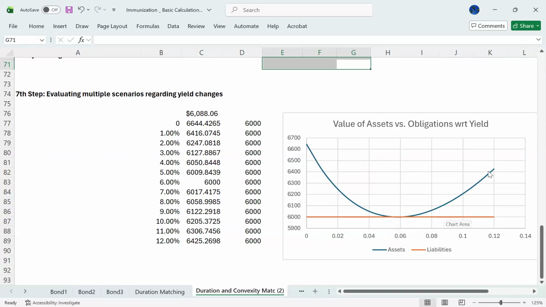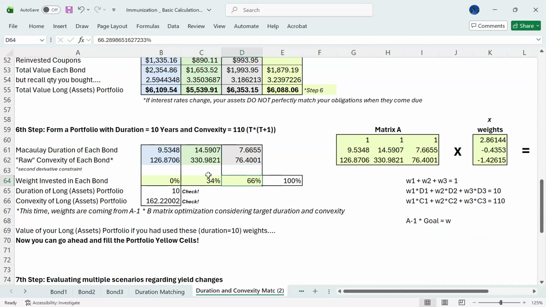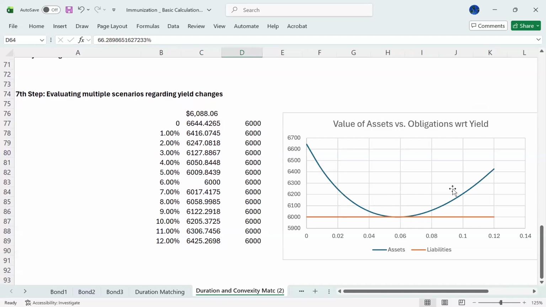If rates go up, our assets exceed liabilities. And now I would have peace of mind saying that this portfolio, which is 34% in bond 2 and 66% in bond 3, leads us to a scenario where we can say, yes, now our portfolio is immunized and we will have enough value to meet our obligations 10 years later.